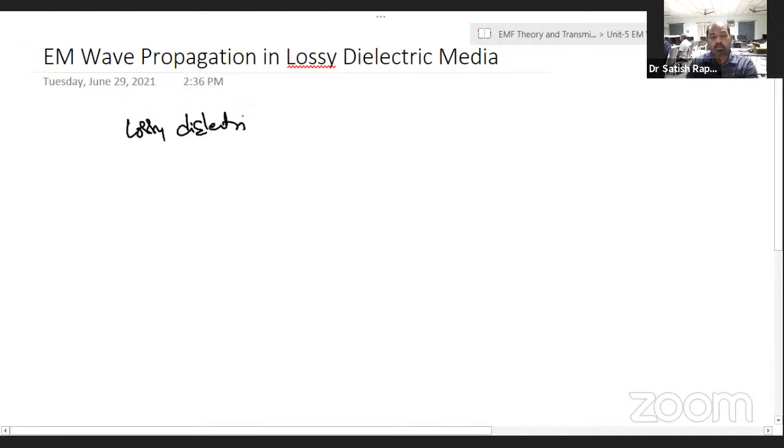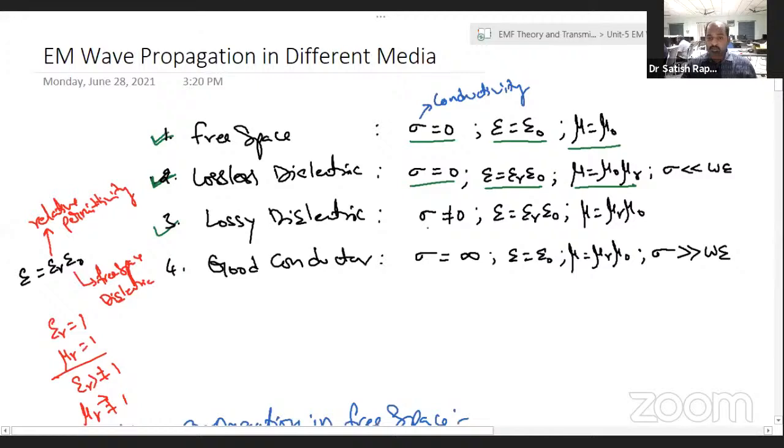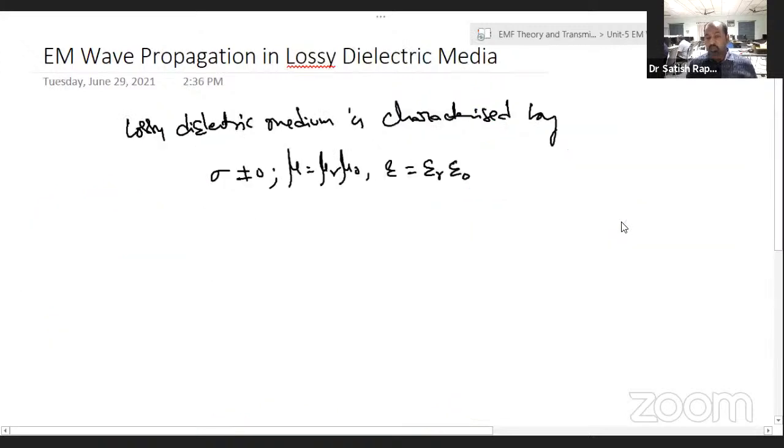A lossy dielectric medium is characterized by sigma not equal to 0, mu equal to mu naught mu r, epsilon equal to epsilon naught epsilon r.